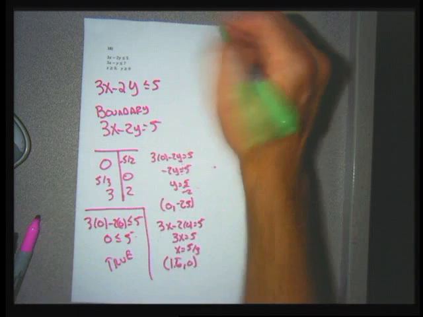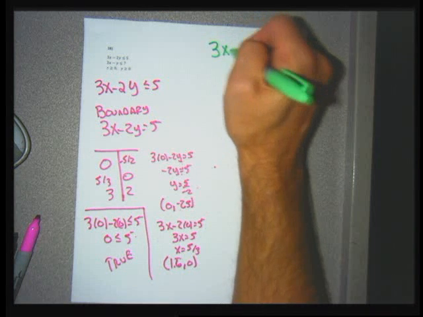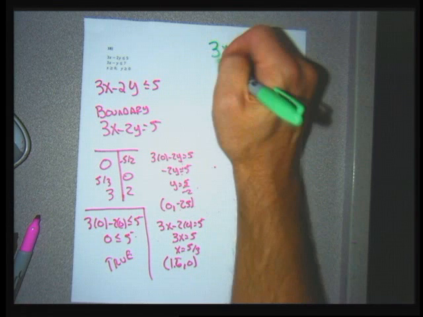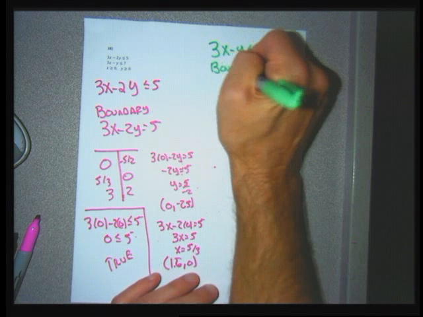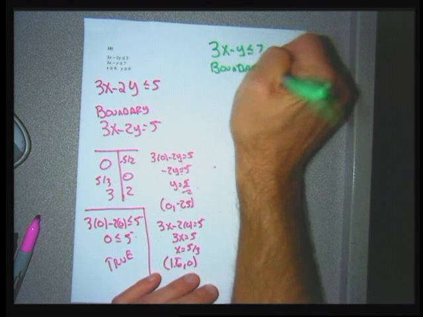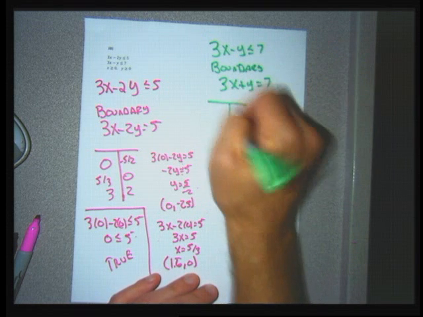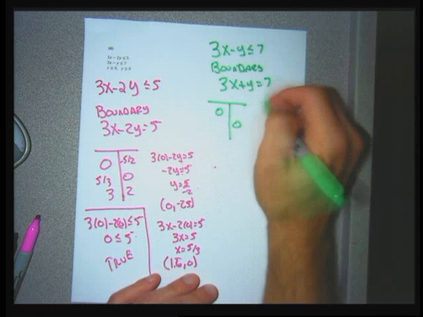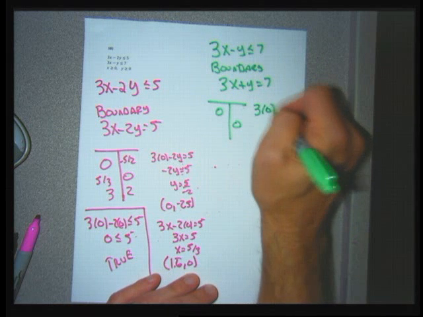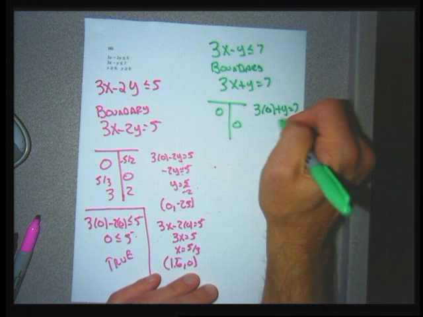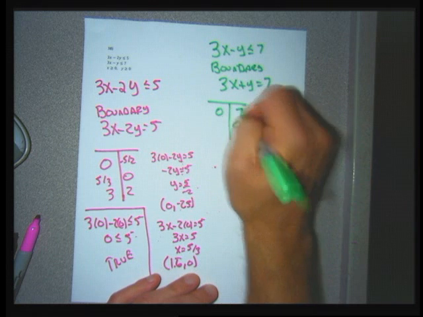Didn't leave myself that much room, but I'm doing 3x minus y is less than or equal to 7. I'm going to worry about my boundary, doing 3x plus y equal to 7, doing my zeros. First 0 is the easy one. 3 times 0 plus y equal to 7 leaves me with y equal to 7.